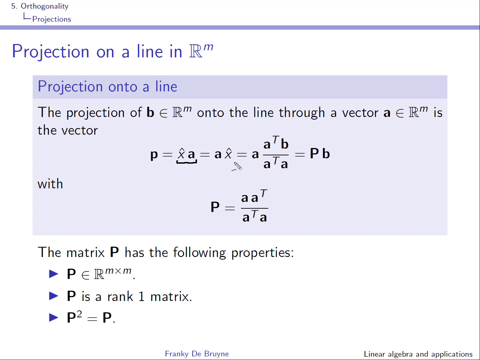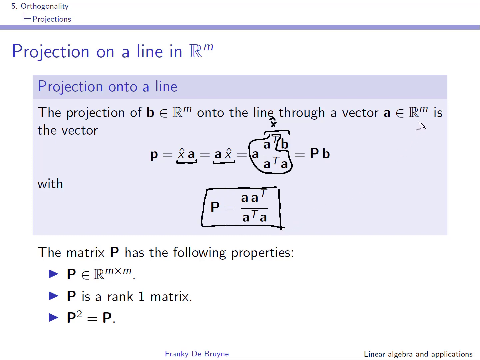You can of course rewrite it like this, because multiplication by a scalar is commutative, and remember that x hat, this multiplier, is given by this thing over here. So now we would like to write the projection matrix P that will map b onto its projection, and this is this matrix over here. Okay, this is the projection matrix.